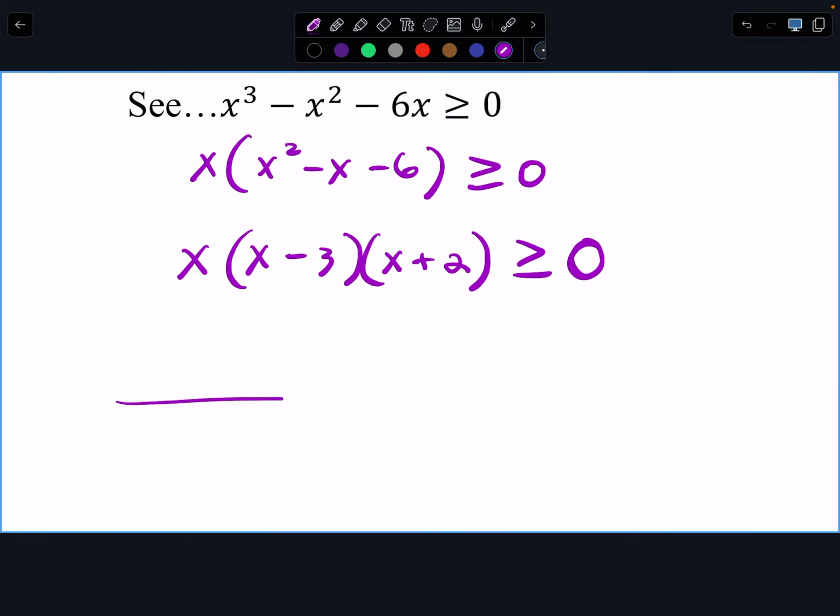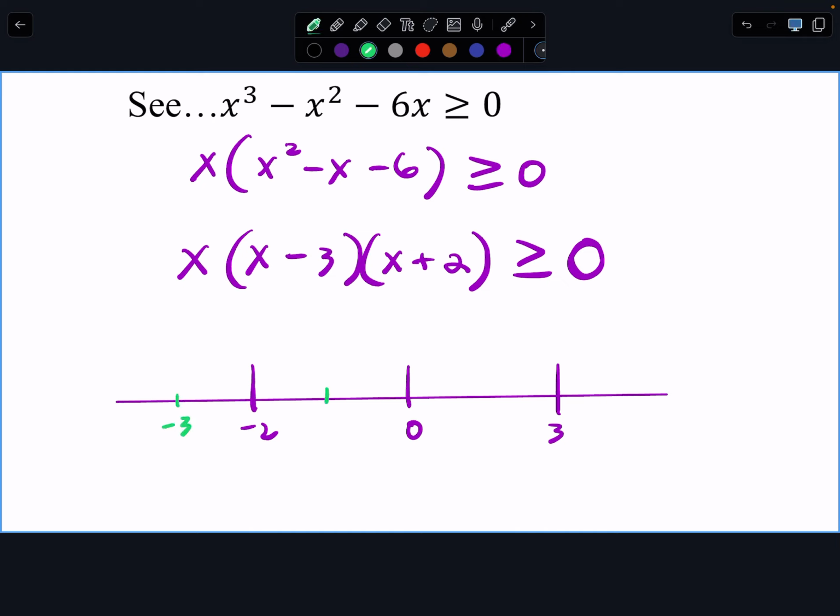So then on the analysis line, making sure we're putting all the values that would make the polynomial 0 in order, we'd have -2, 0, 3.